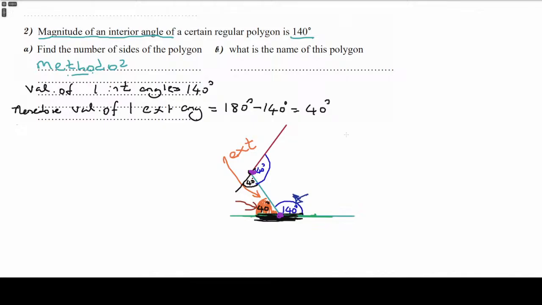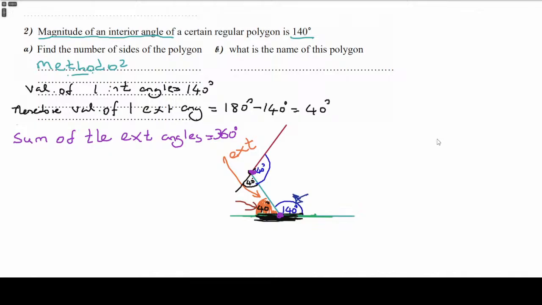Why? Because there's a rule which says the sum of the exterior angles of any polygon is equal to 360 degrees. From each vertex, if we take one exterior angle and add those together, we get 360 degrees.